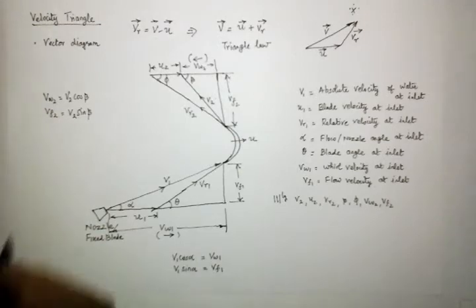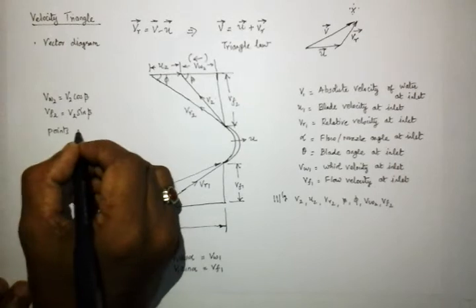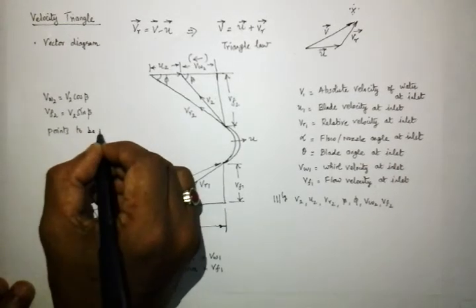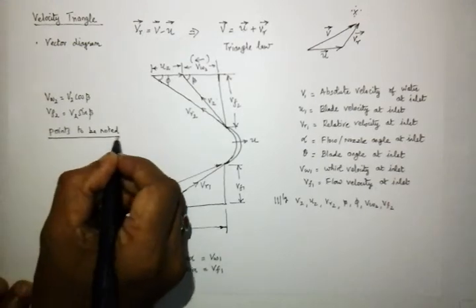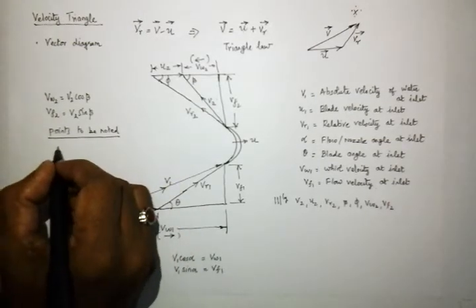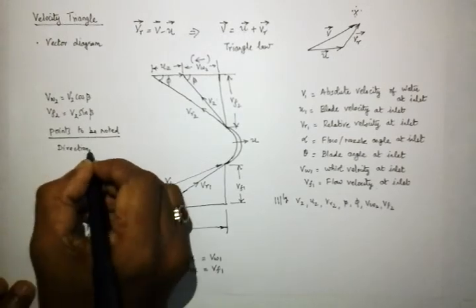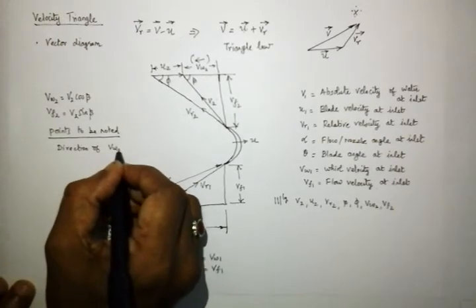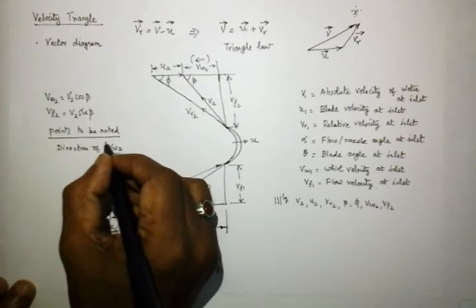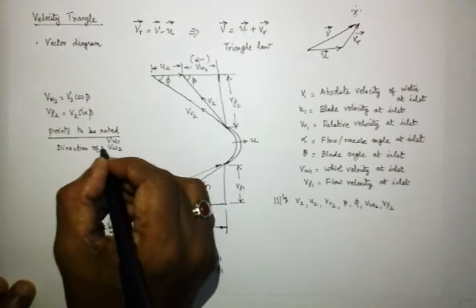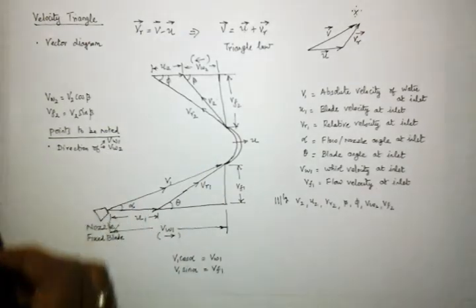Now the important points to be noted from this triangle. See the direction of the whirl components VW1 and VW2. You have to be very careful about these two.